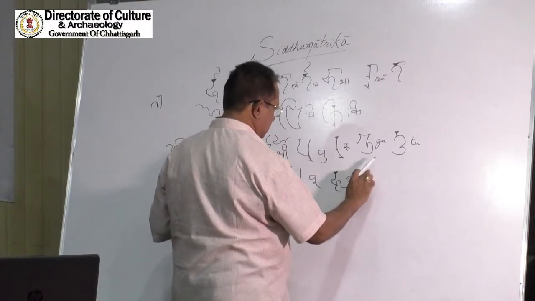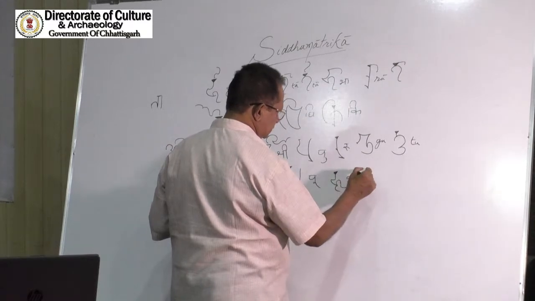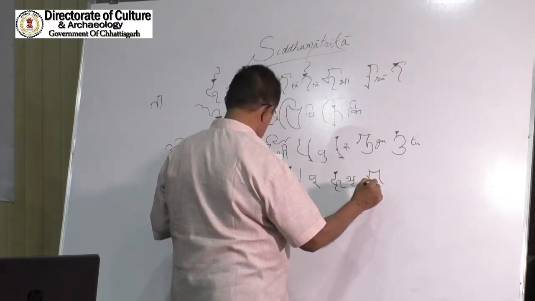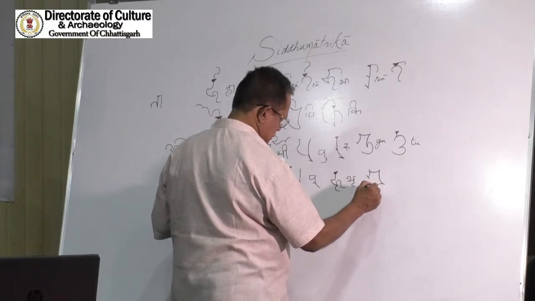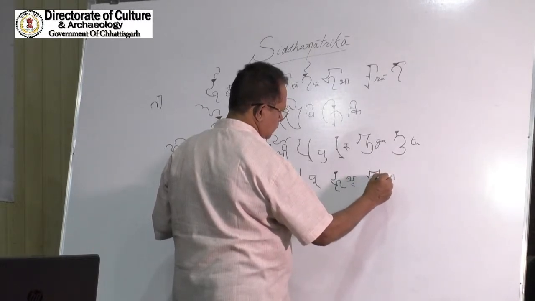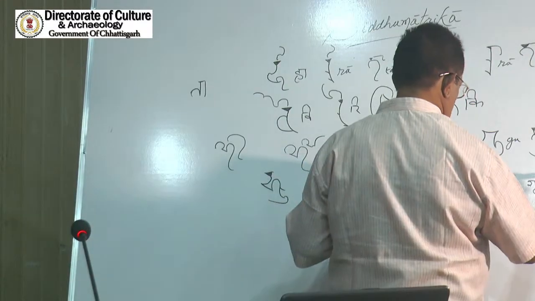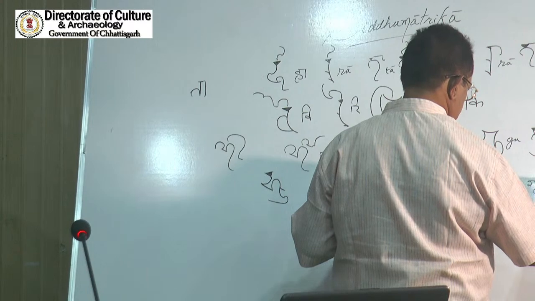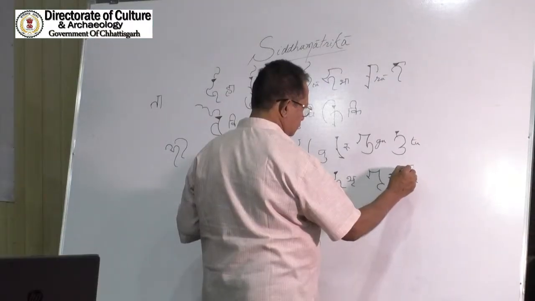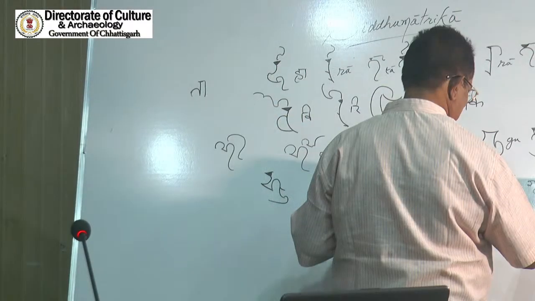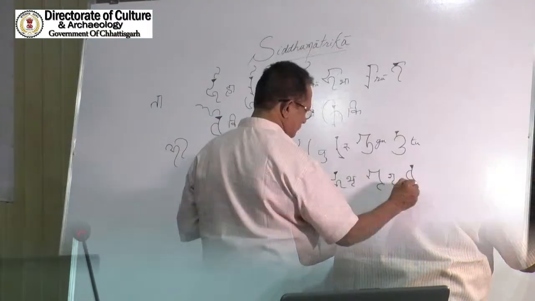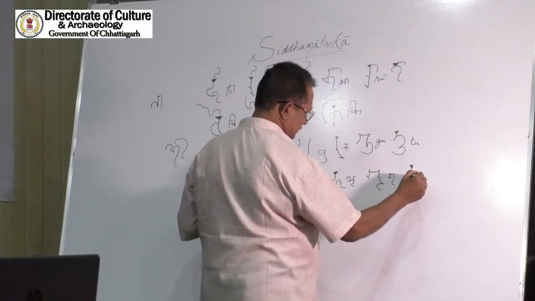Suppose you want to say griha. Va. Vriksha. Vri.